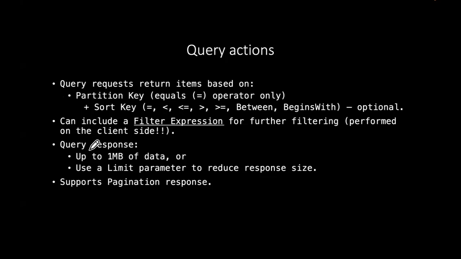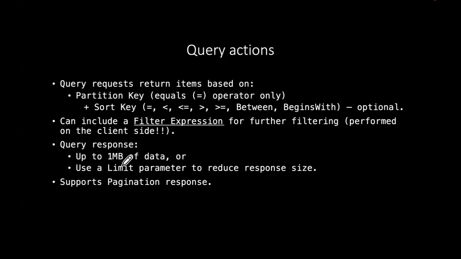For the query response, there is a limit. There's a maximum of 1 megabyte upper limit on the amount of data that can be returned. So if a query would return more than that, it's going to be cropped on the DynamoDB side. You can specify a limit as to how many items you require in the collection.